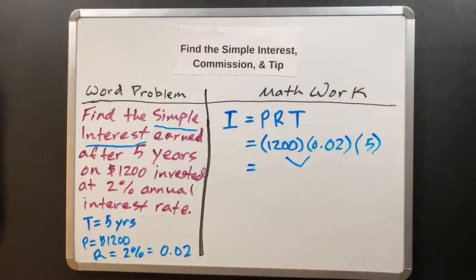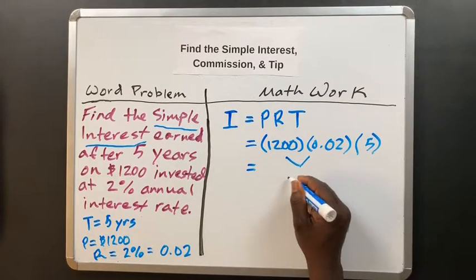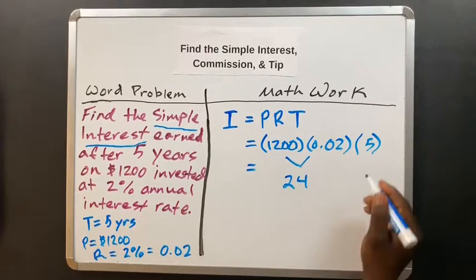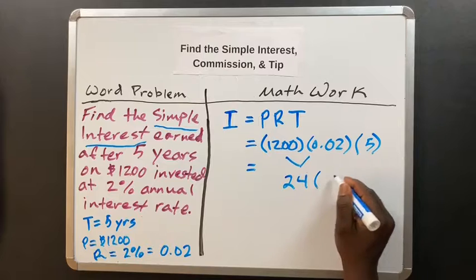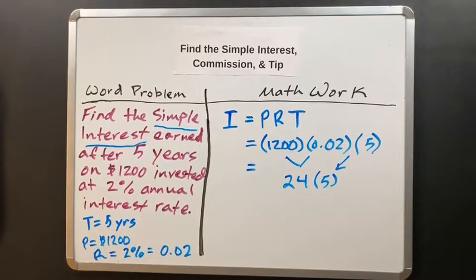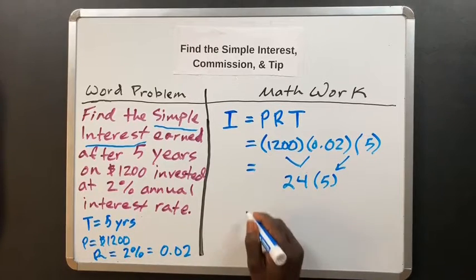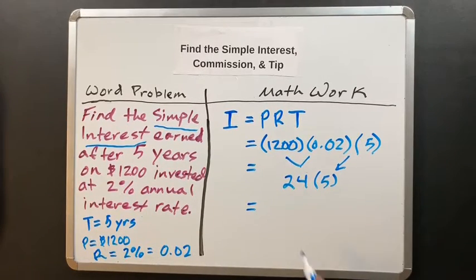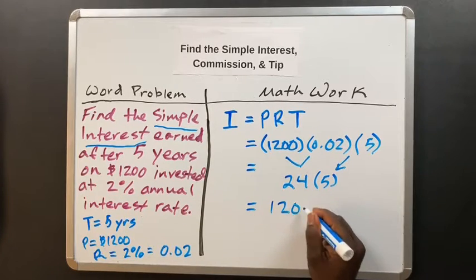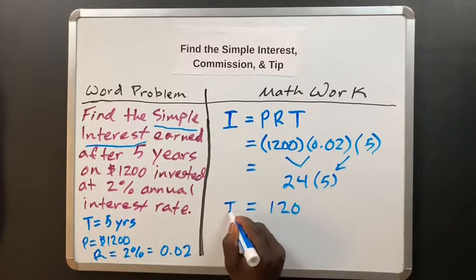And 1,200 times 0.02 gives us 24. And then I'm going to bring down that 5, multiply that times 5. Now, looking pretty good, almost there. Multiply 24 times 5, we get 120 for the simple interest.